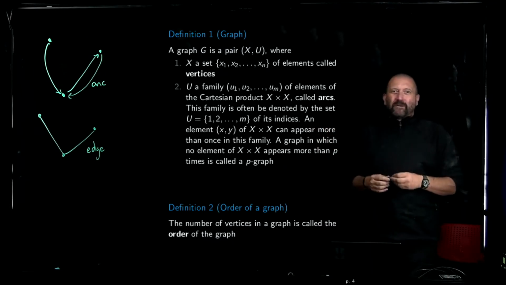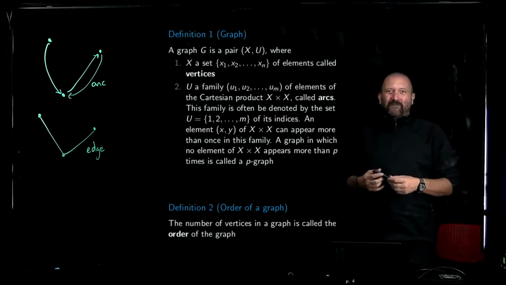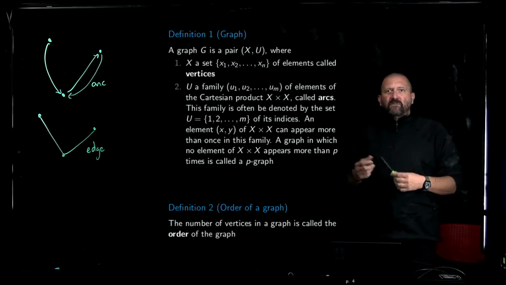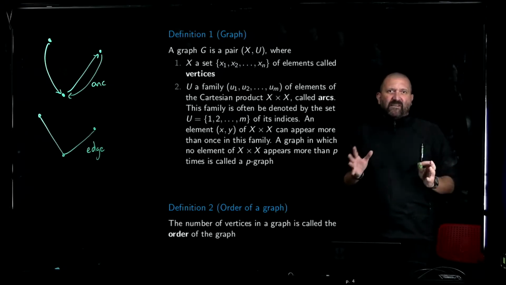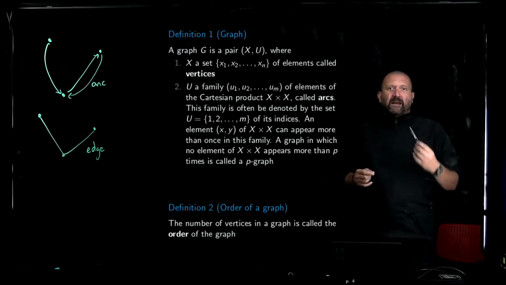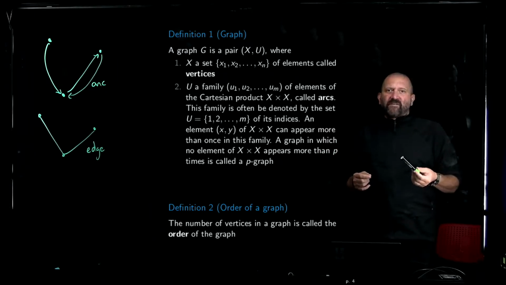Now let's get going with the beginning of the definitions. So a graph, in practice, is a pair, X and U, where the X is a set of elements. These are the vertices. Okay. And U is a family of elements.